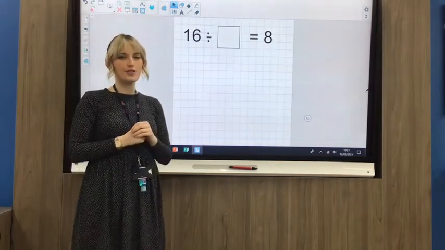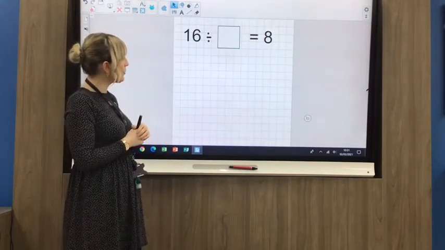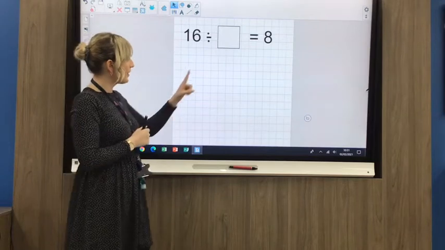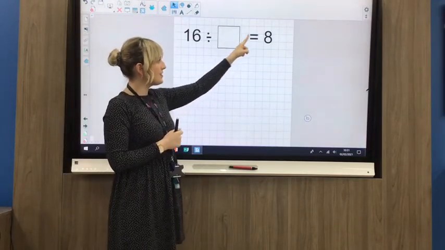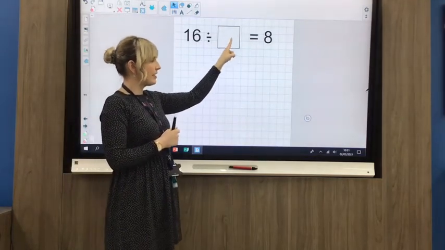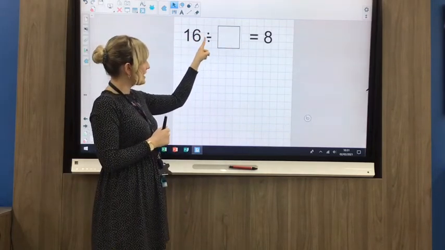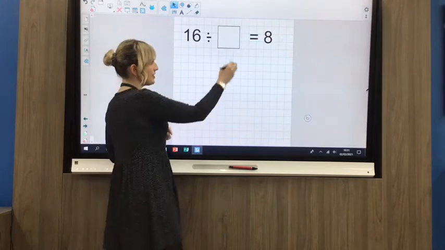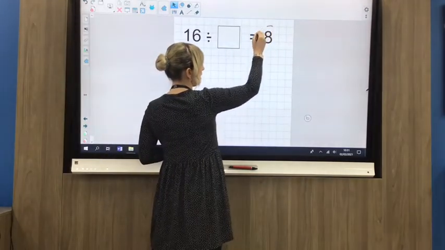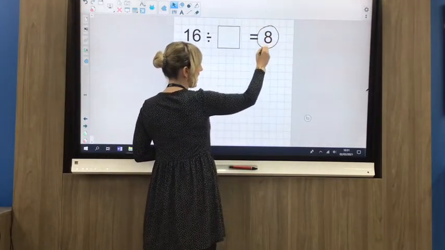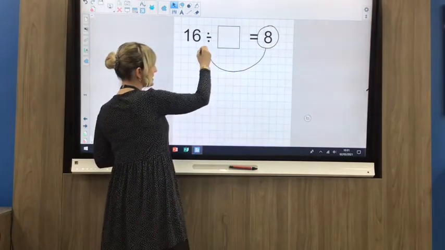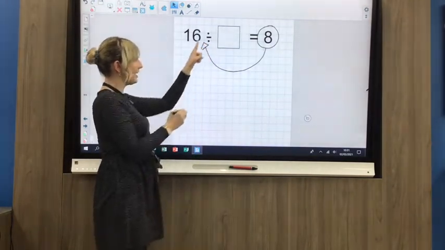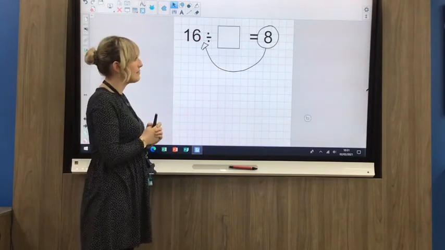Okay, but what we can do is we can work out the missing number by using the answer. So 16 divided by something equals 8. So what we can do to find this missing number is work out how many 8s fit into 16, and it will tell us what we've divided by.